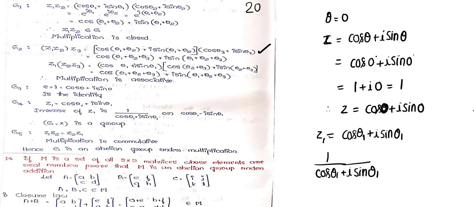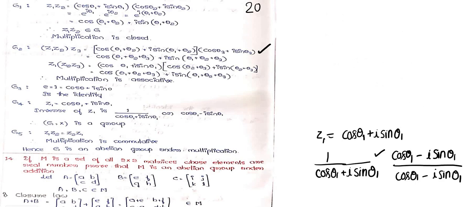But this element is not in the form of elements of G. That's why we want to change this element like the terms which appear in G. That's why multiply numerator and denominator with cos theta 1 minus I sin theta 1. One into anything is anything. Therefore, cos theta 1 minus I sin theta 1.